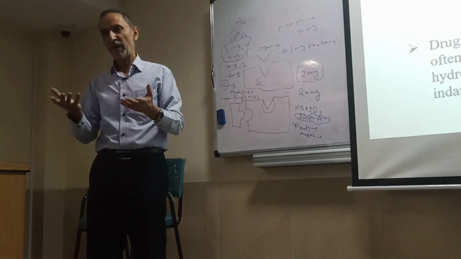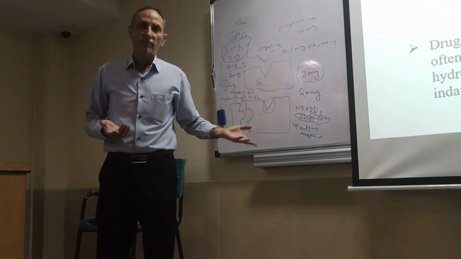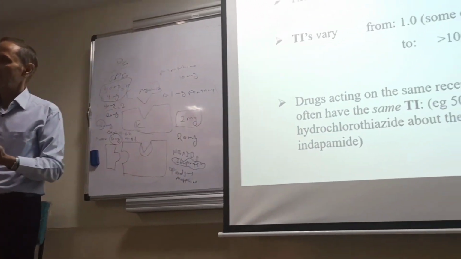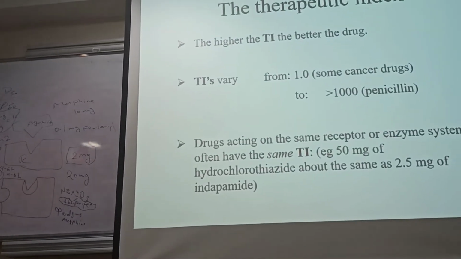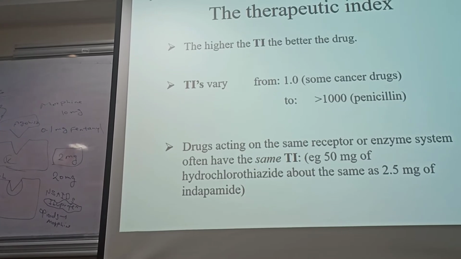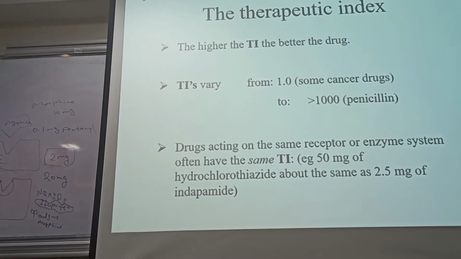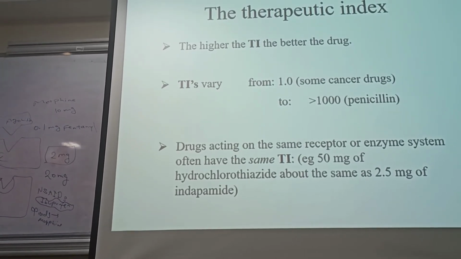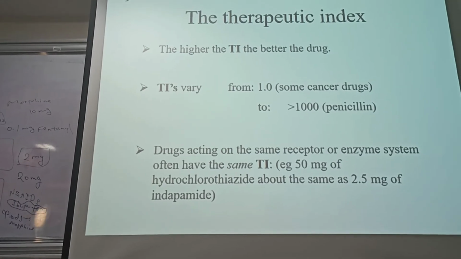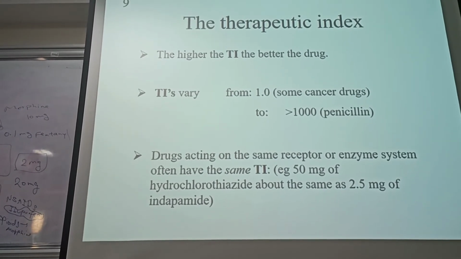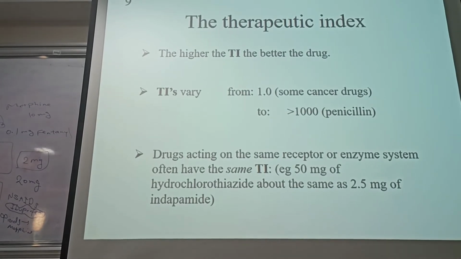We have some estimation that the therapeutic effect is with, for example, 100 milligram, and we have toxicity with 200. We have estimation in human, but in animals we can determine both LD50 and ED50.